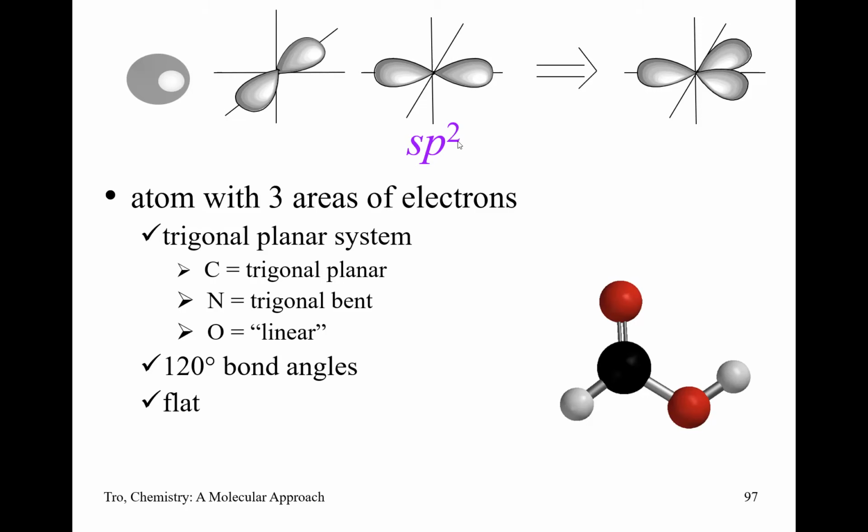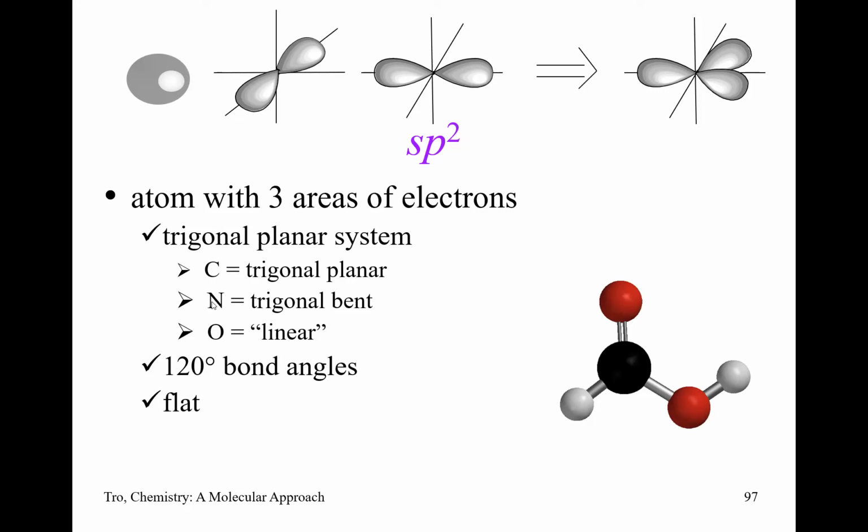If it's a single and two singles and a double bond, there's three electron groups. Remember, single and double bonds count the same. They're in three locations, and so you divide 360 by 3, you get 120 degrees.